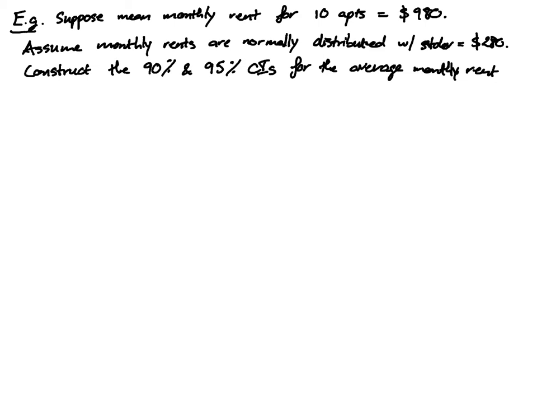We know that we have a sample with 10 observations, so n is equal to 10, right? The mean of that sample, x bar, is 980, okay? And then we have the underlying variable here, which is monthly rent, which is a normal variable with a standard deviation of $280. So sigma x here is going to be equal to 280.